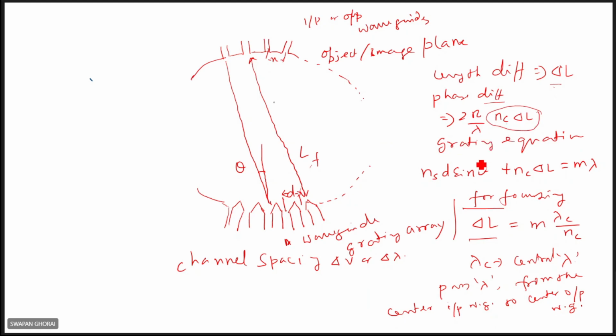It follows the grating equation: Ns d sin theta plus Nc delta L equals m lambda. Theta is the angle of incidence, you see it here, and m is the diffraction order of the grating.